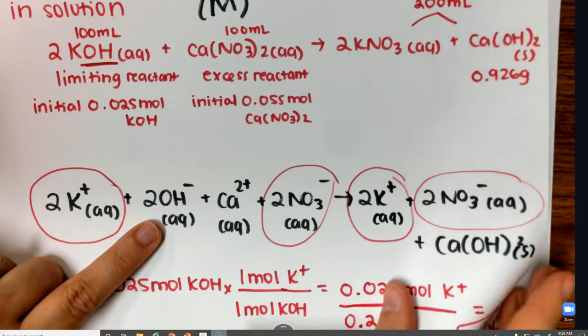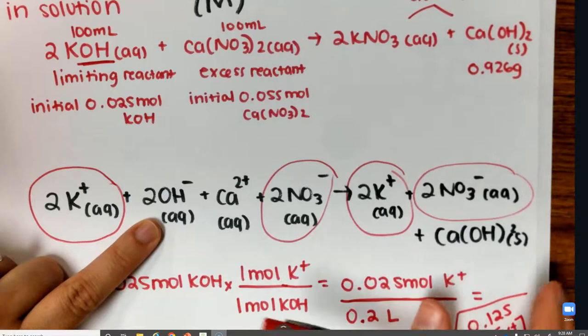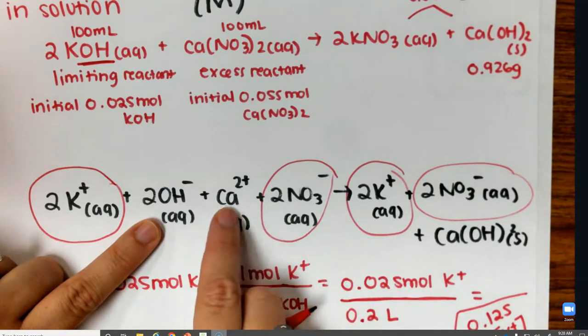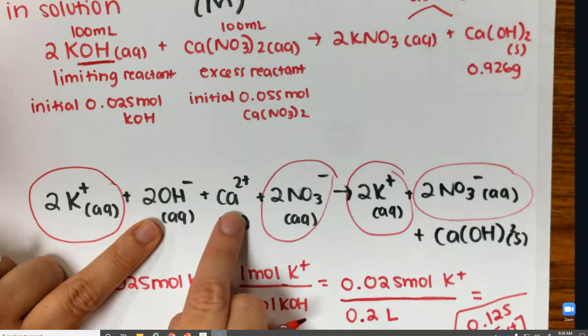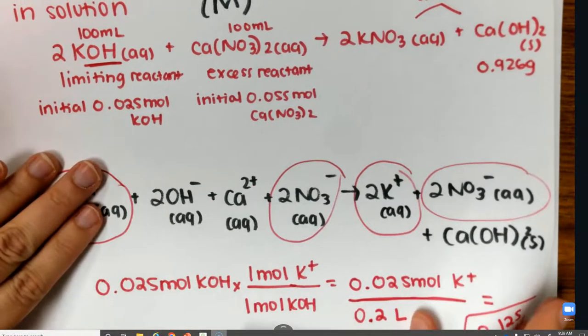Some gets used. And so we need to figure out how much is left over, because some of this became that. But there are still some calcium ions in this solution because it was the excess reactant.